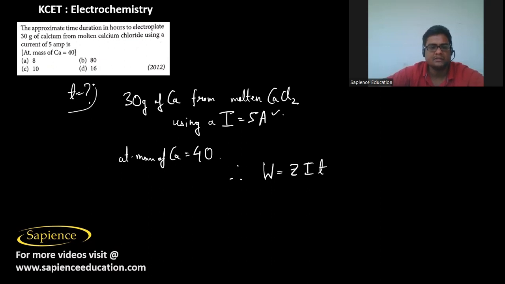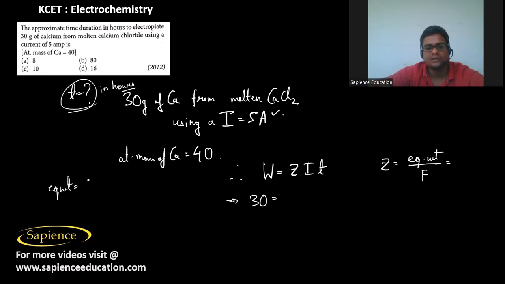Now this t has been asked, the time in hours we have to find out. So the weight of calcium is 30, and Z is equal to the equivalent weight divided by 1 Faraday, F. Now the equivalent weight of calcium will be equal to the atomic mass of calcium divided by its valency factor.